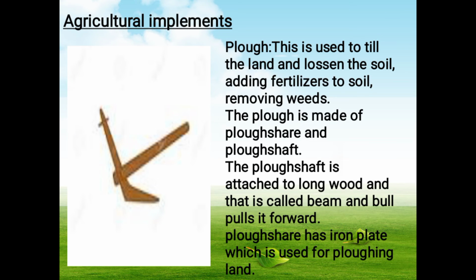Agricultural implements. These are agricultural instruments which are used. We should have a bit of knowledge about these instruments. Plough: this is used for loosening the soil. As we studied exactly 2 minutes back, loosening of the soil is important as it is a step of preparing the soil.